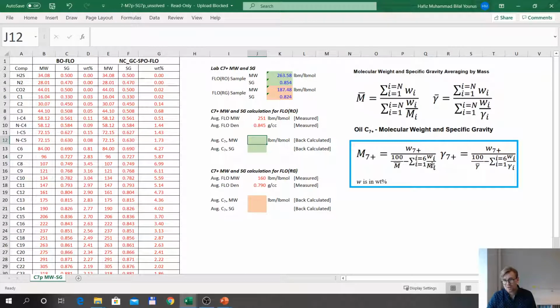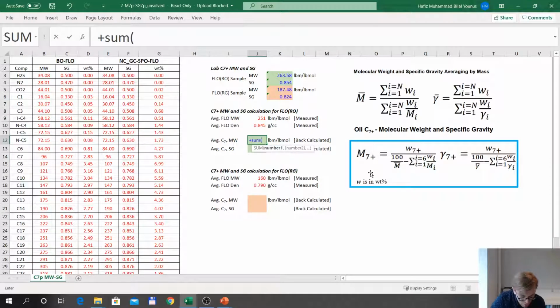The molecular weight of the non-hydrocarbons and the hydrocarbons up to C6 is known, given to us by Mother Earth, because the isomers are given on a discrete basis here, while the mass fraction of what's heavier than C7 plus is also provided to us right here. So in that sense, it's very, very nice. So what we'll do is simply apply that formula right there.